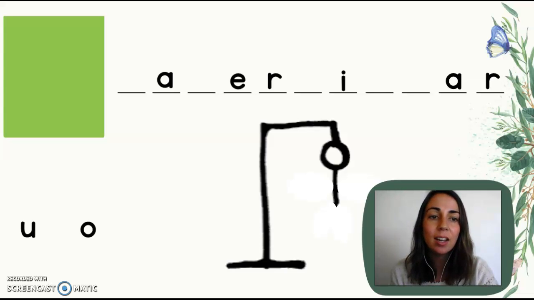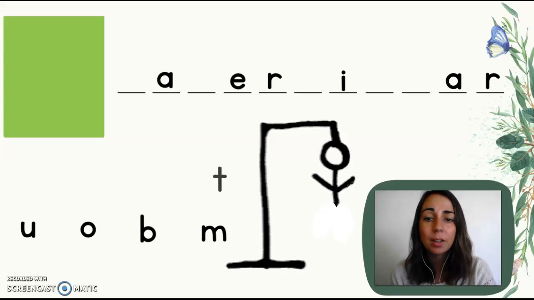Our next sound is B. Very good. B. Let's see if it has a B. No, it doesn't. And there's an arm on our hangman now. Let's see our next sound. No, and the other arm appeared because it doesn't have that.